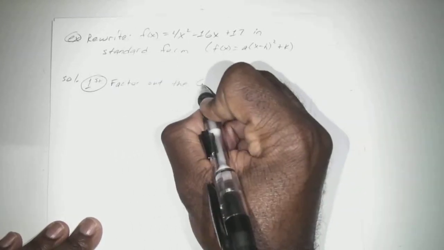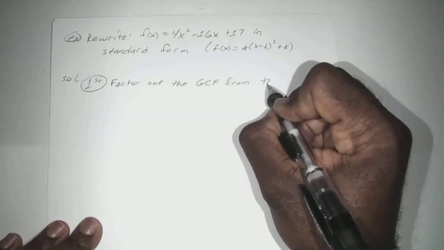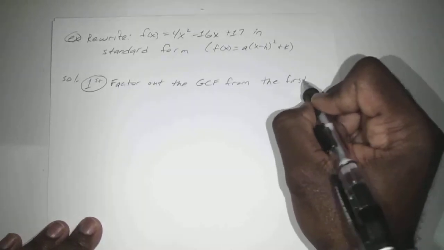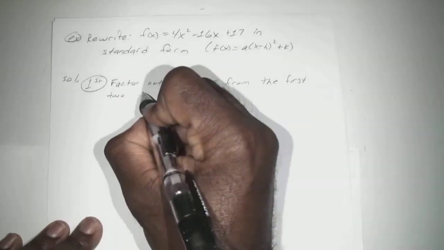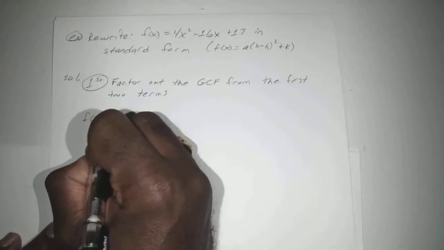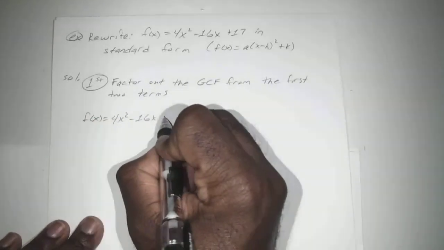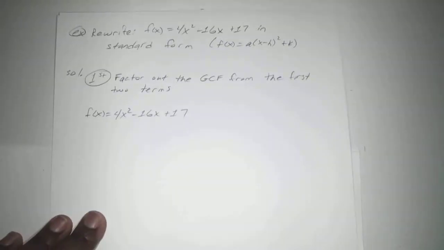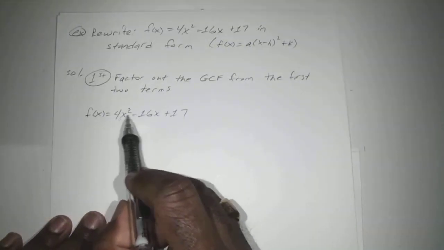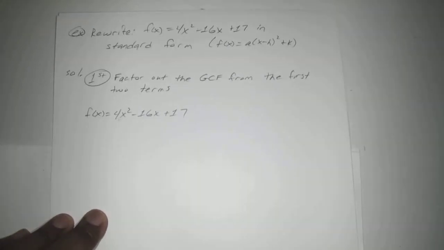So factor out the greatest common factor from the first two terms. Okay, so that means if we have our f of x equals 4x squared minus 16x plus 17, we're going to factor a 4 out of both of those. Well, it's just a greatest common coefficient.